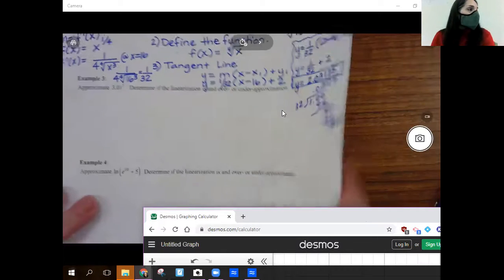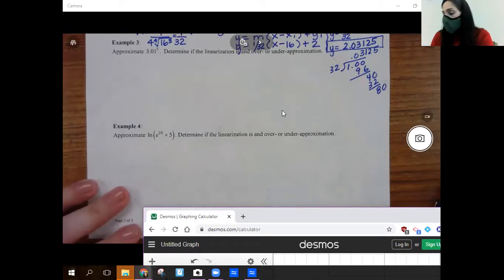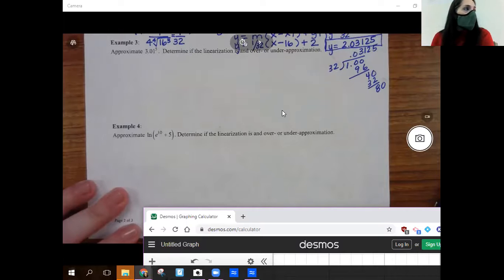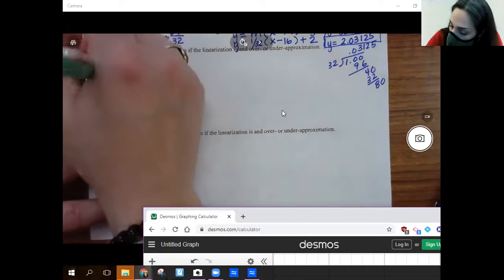Okay, the next example is not a root. It is instead like an exponential. So 3 to the 5th power, well, this one's 3.01 to the 5th power. So we're going to figure this one out.